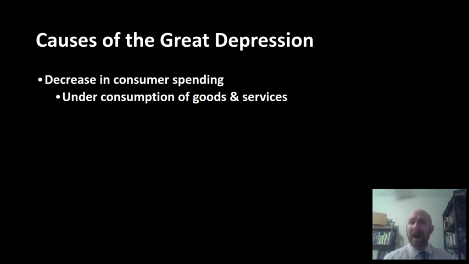So there's underconsumption of goods and services. People are just buying less stuff. Americans are forced to spend less money because they have bills to pay from the credit lines they extended in the early 1920s.